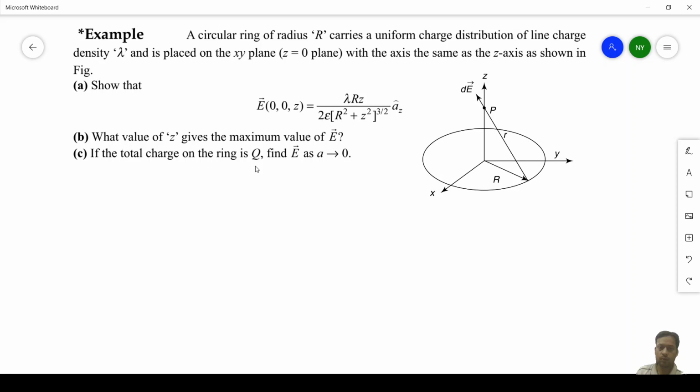Here A is the radius, it is misprinted, so it will be a capital R. So let's have a look at the numerical problem.